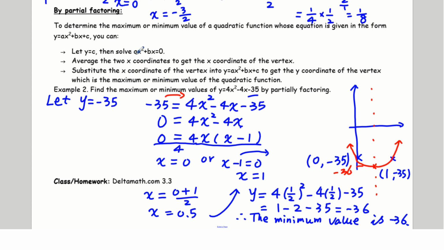You will have an equation that is always factorable. You are going to have x as a common factor. Then you find the zeros, find the midpoint, then sub back, find the y value, that is your vertex y coordinate. If it opens up, you have a minimum. If it opens down, at the vertex, you have a maximum.